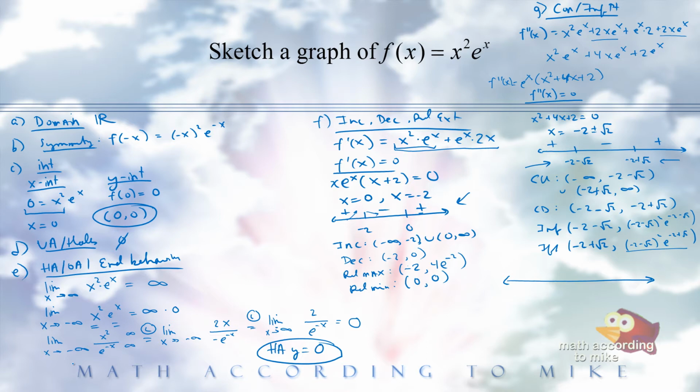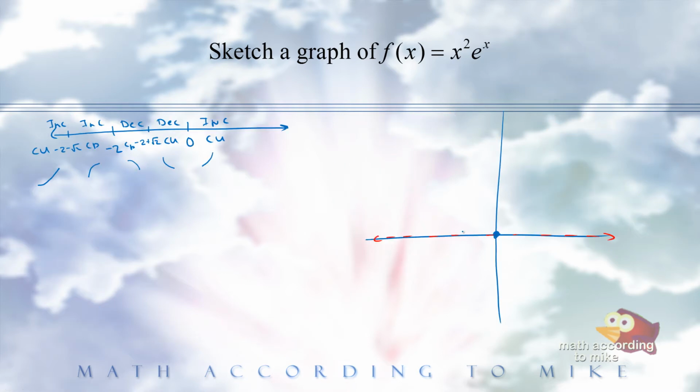No vertical asymptotes. We have a relative max at -2, comma 4e to the -2. I'm way too lazy to go look that up.